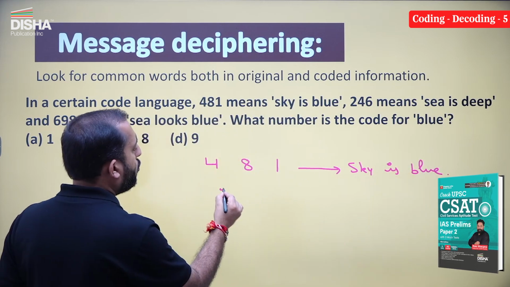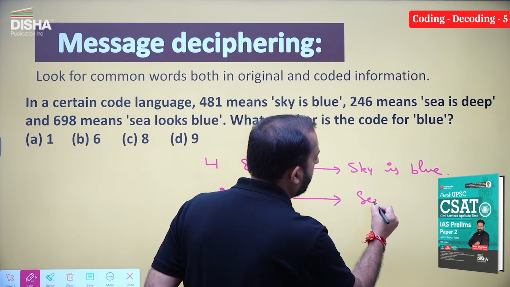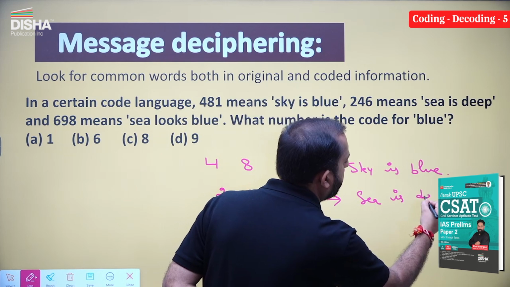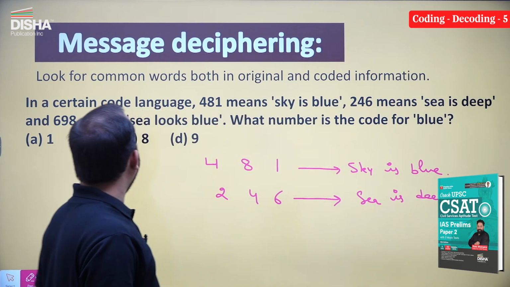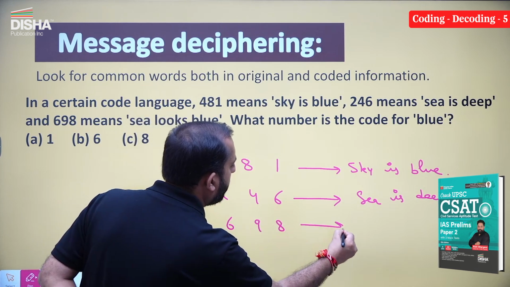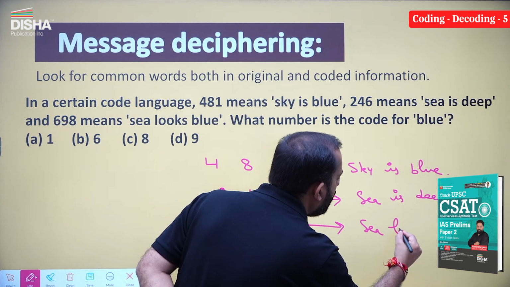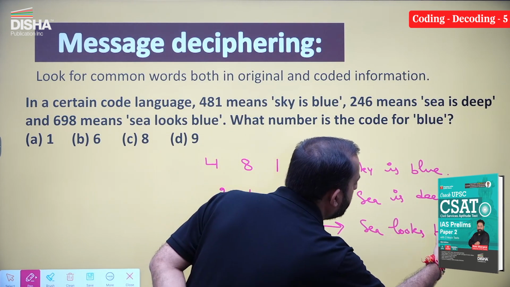246 means sea is deep, and 698 means sea looks blue.